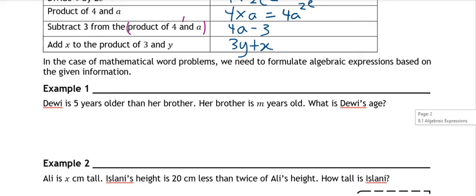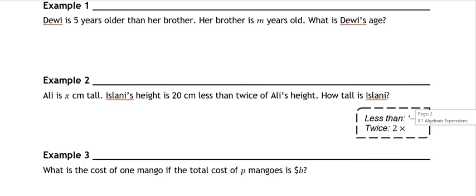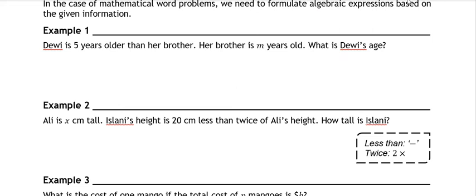So next one here, in the case of mathematical word problems, we need to formulate algebraic expressions based on the given information. So let's start with example 1. Here, Dewi is 5 years older. So here you have to translate this as plus 5, right? And then her brother is M years old. What is Dewi's age? Now you know that her brother is M years old.